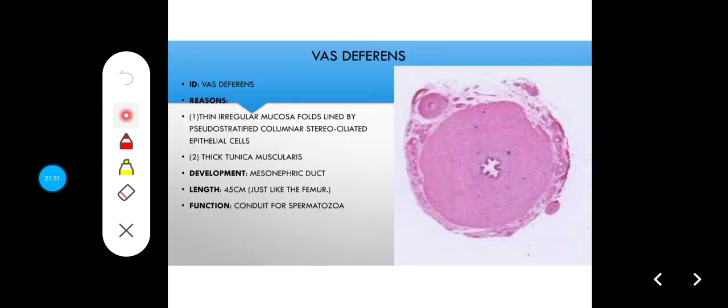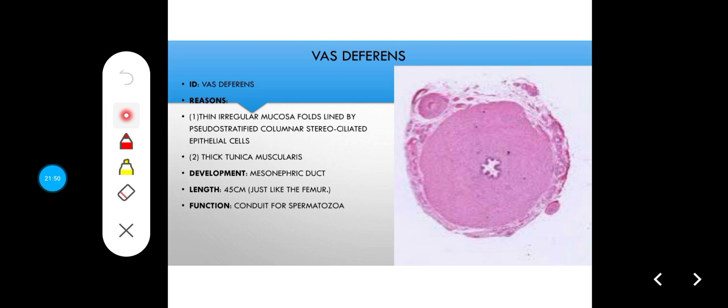Now the next is the vas deferens. The vas deferens is a muscular tube that conducts spermatozoa to the prostate and the urethra.